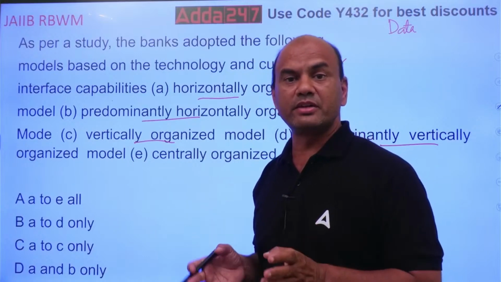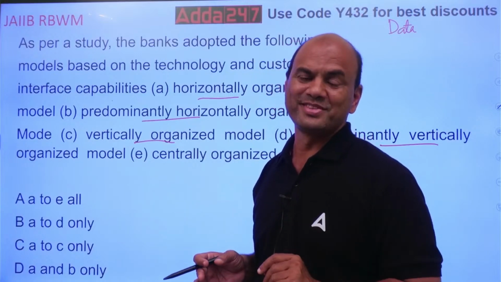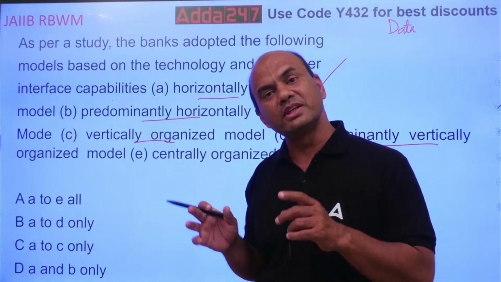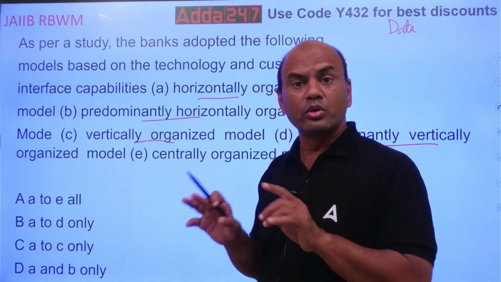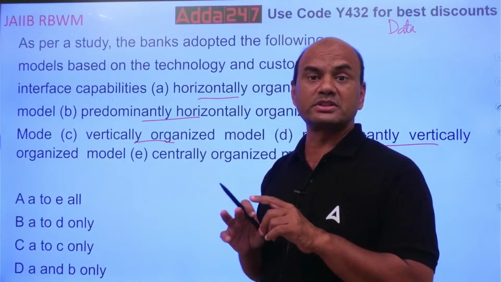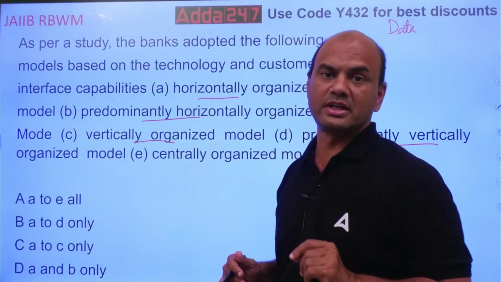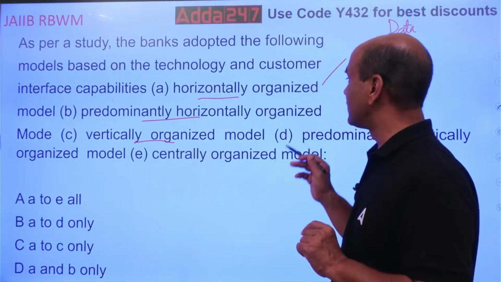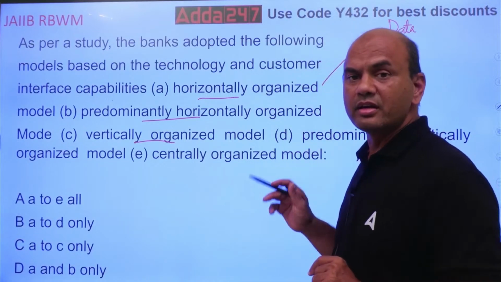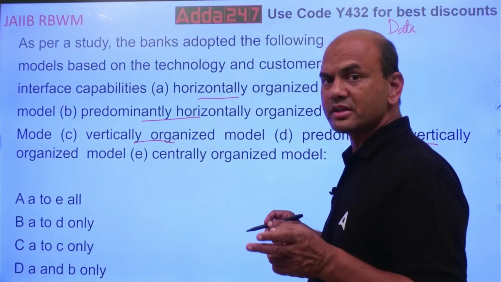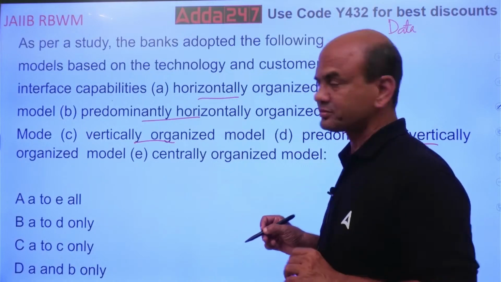Personal loan data will be shared with only personal loan. Savings will be shared only with the savings department. No cross-selling or cross-sharing of data is there. That is known as horizontally organized data. So here between the products, the data sharing is zero.